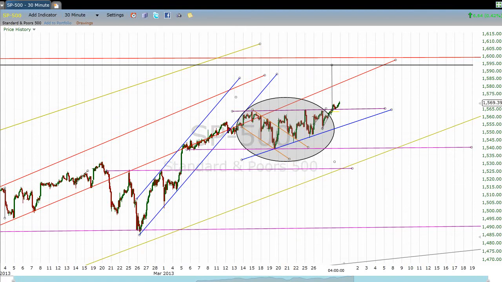Despite the issue going on in Cyprus with the banks being shut down, with accounts being raided to the tune of 40% by the government, despite talks of the same thing possibly happening in other European nations, Spain and Italy in particular, despite a disappointing jobs number this morning, despite a disappointing rate of growth that we were hit with this morning.